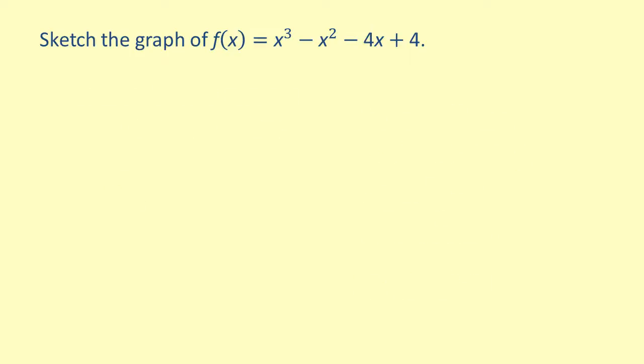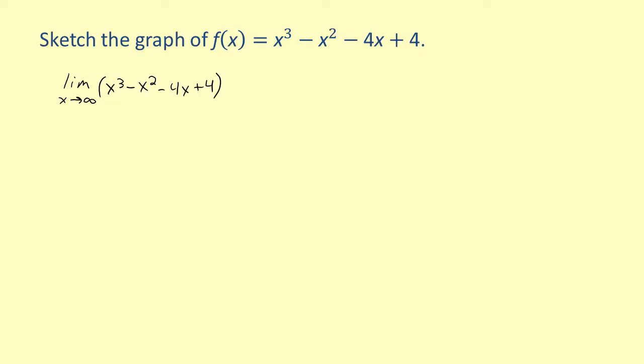The next step in sketching the graph of the function is to determine the asymptotes. Our function is a polynomial, so it won't have any vertical or oblique asymptotes. Let's look for horizontal asymptotes by examining the limit as x approaches positive and negative infinity. We'll find the limit as x approaches positive infinity first.